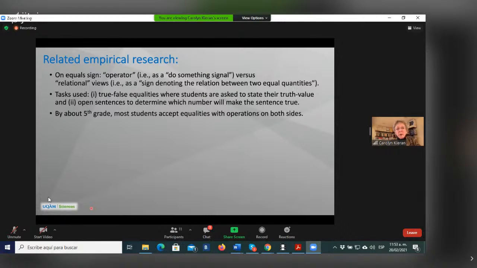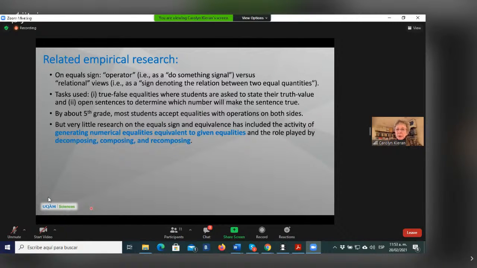It has also been found that by about the 5th grade, most students can accept equalities with operations on both sides. But very little research on the equal sign and equivalence has included the activity of generating numerical equalities equivalent to given equalities, and the role played by decomposing, composing, and recomposing.